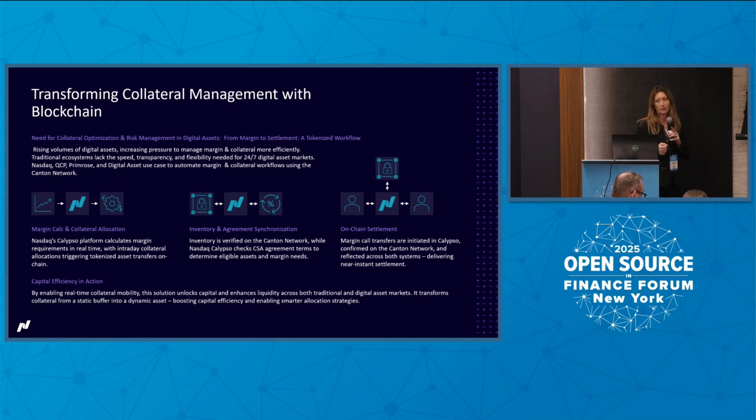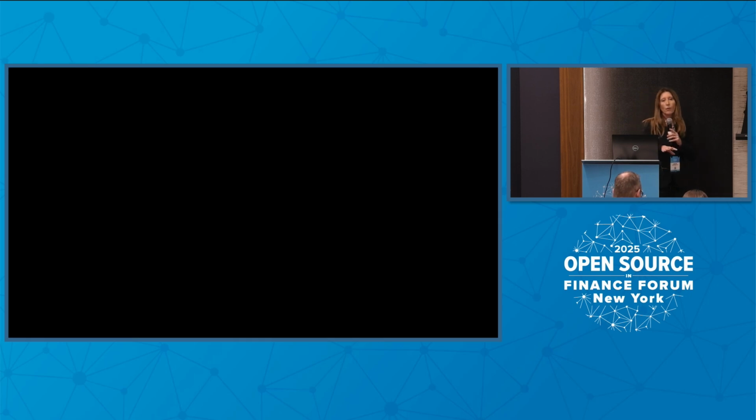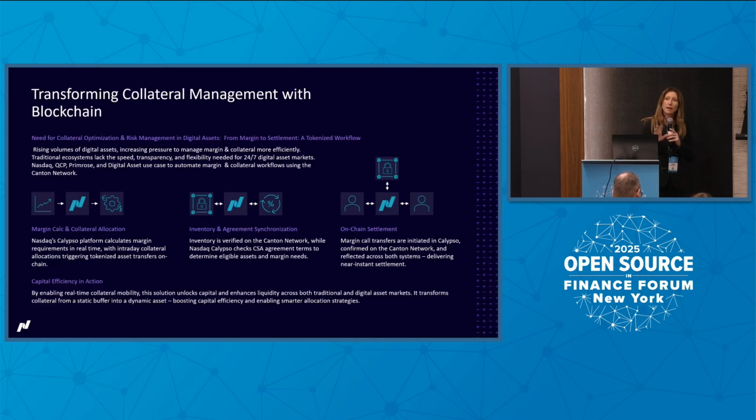In that case, we've used Nasdaq Calypso, which could be any collateral management solution, where you manage your traditional assets in a traditional way. Then we've proven that if you want to expand to digital assets from a trading, from an exposure perspective, from a margin calculation, you can actually expand your model.